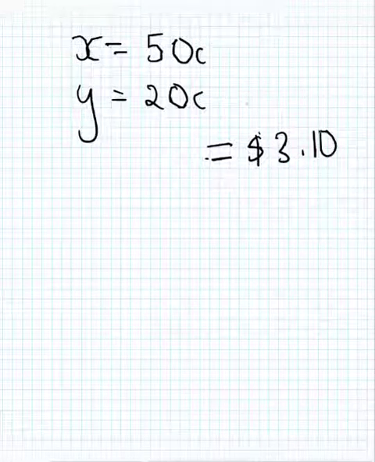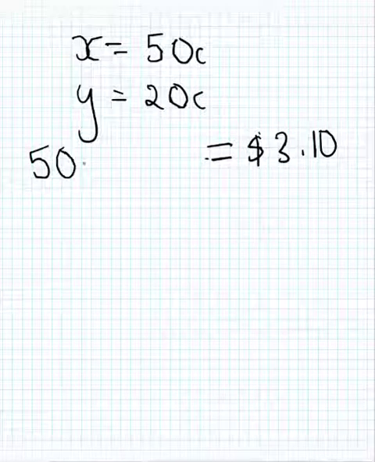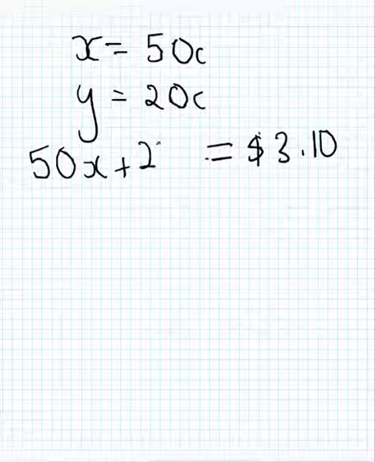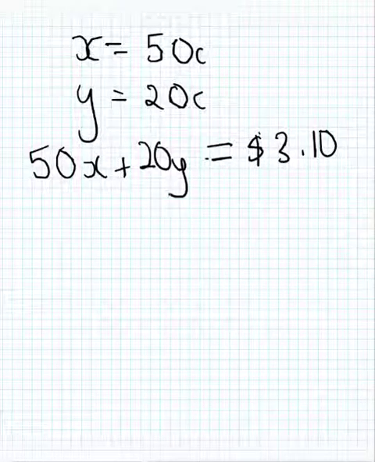That's how much value I have. I don't know how many of each coin I have, but if I have a certain amount of 50-cent pieces, which is x, and a certain amount of 20-cent pieces, which is y, that will give me my $3.10. So that is my first equation. This is the one where it equaled the value, the total amount, $3.10.